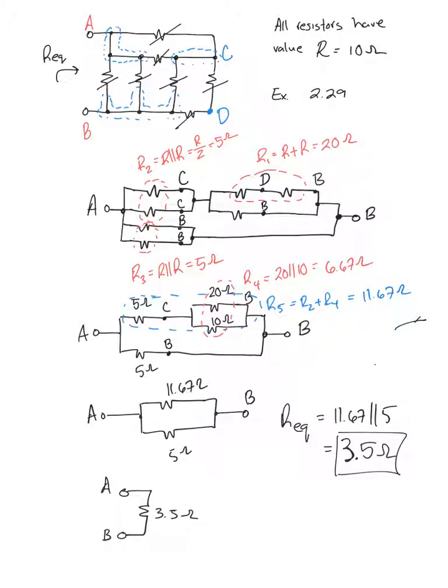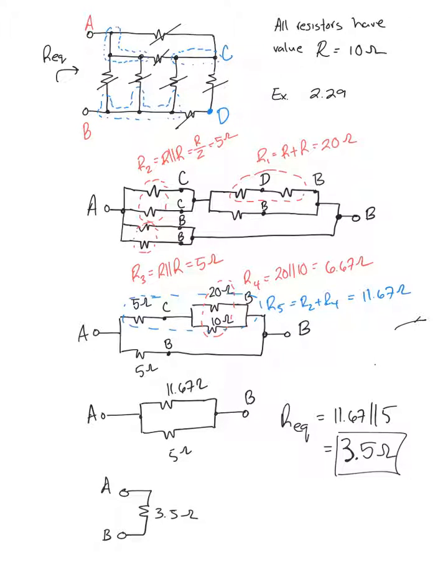So one way to think about this is for the top circuit connected to any voltage or current source, it will behave in an identical manner to this single resistor of 3.5 ohms shown on the bottom.